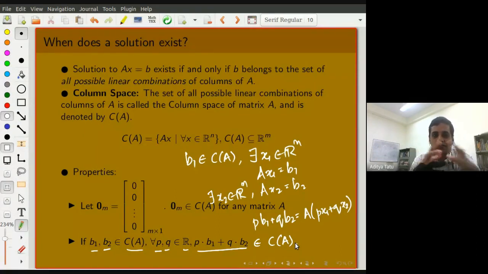Technically, this space has a very special definition that we'll see later on in the course, but it's basically the second property.